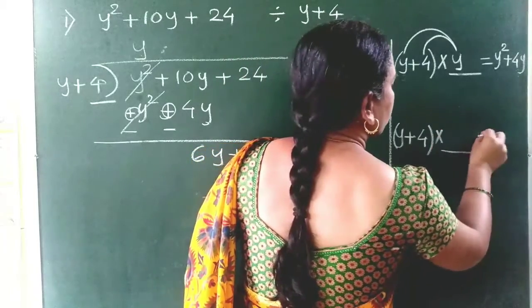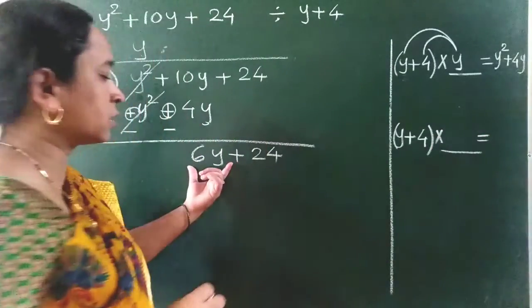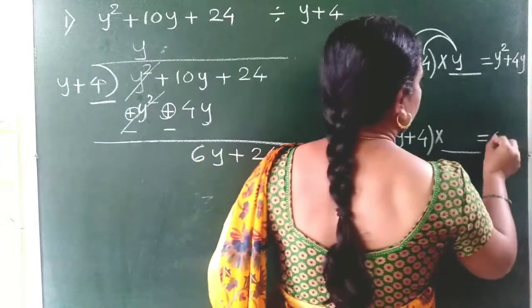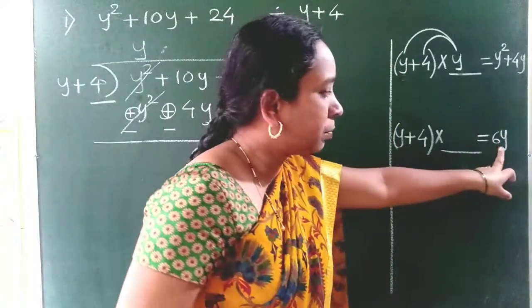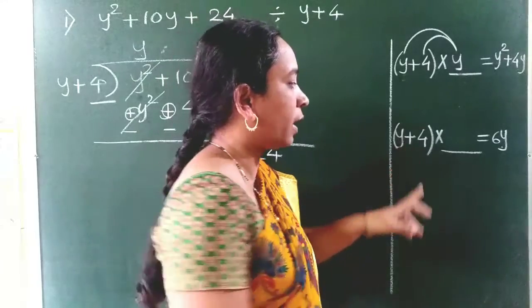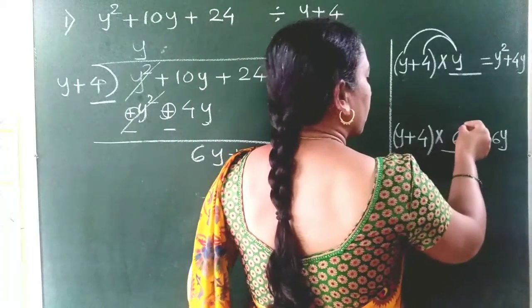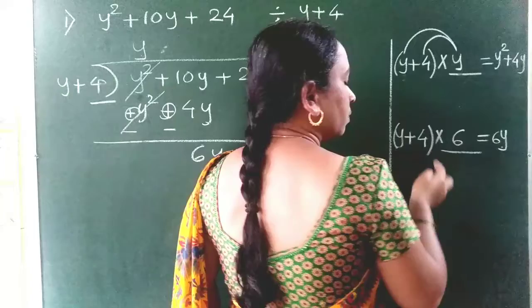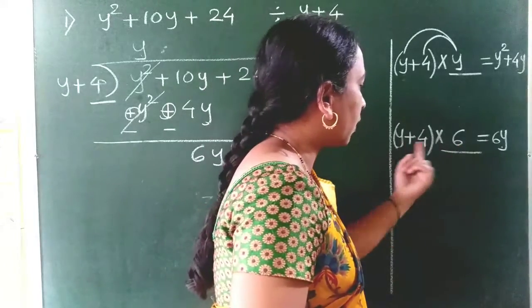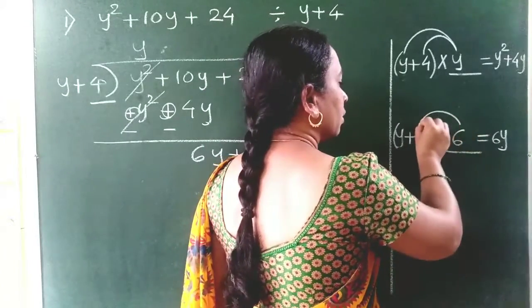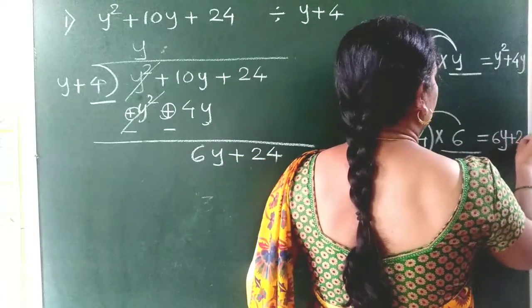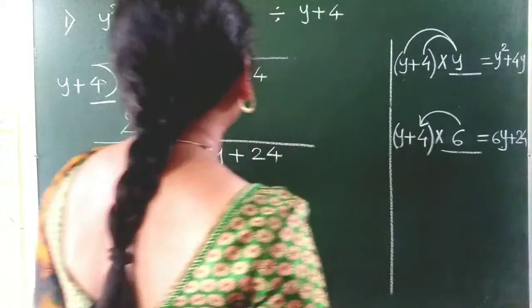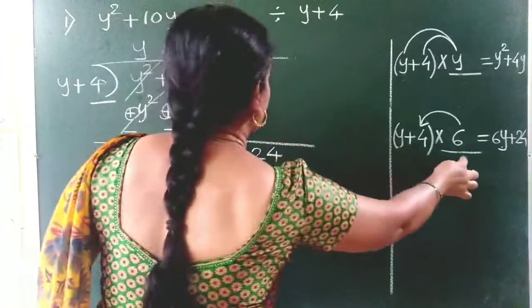By which term should I multiply to get 6y? I need 6. Then I get 6y, but I should also multiply by the 4, so the second term will be 24. So 6y plus 24. The quotient term is 6.